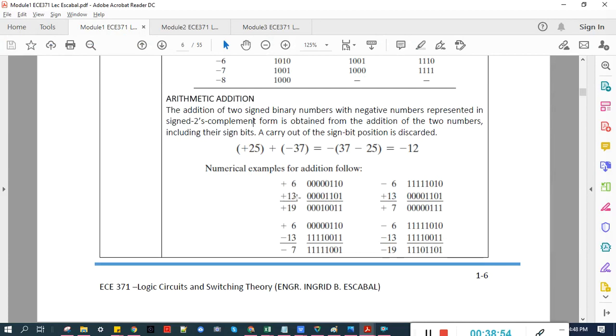So positive 6 plus positive 13 is positive 19. We just add. But if we have negative 6 plus 13, that's positive 7.